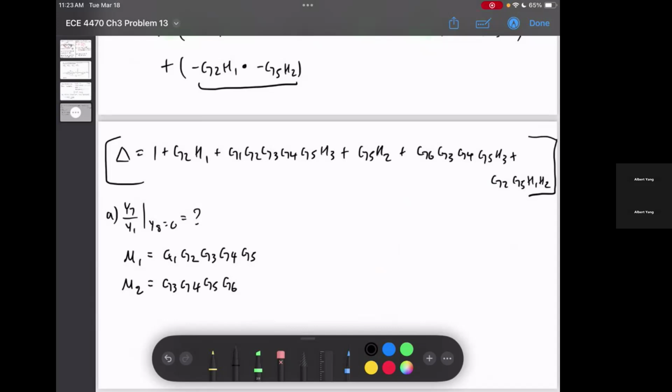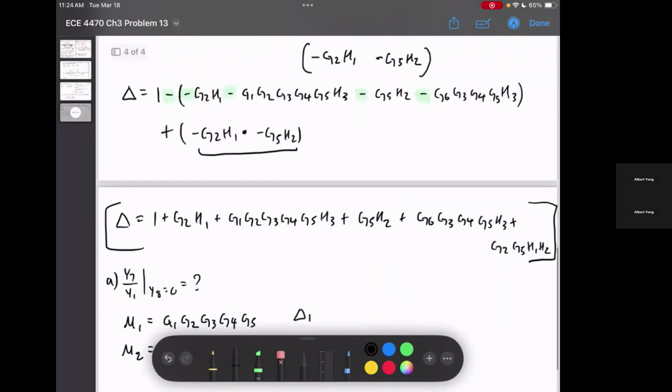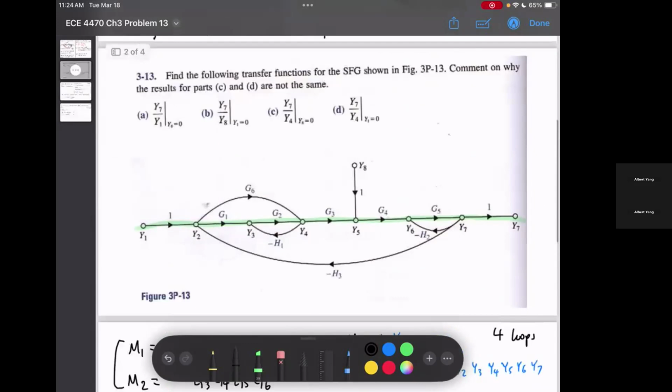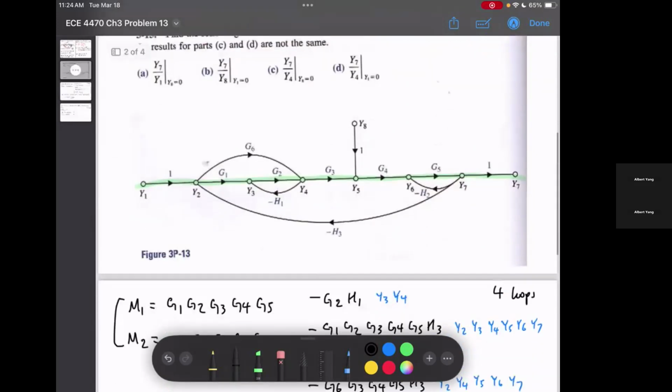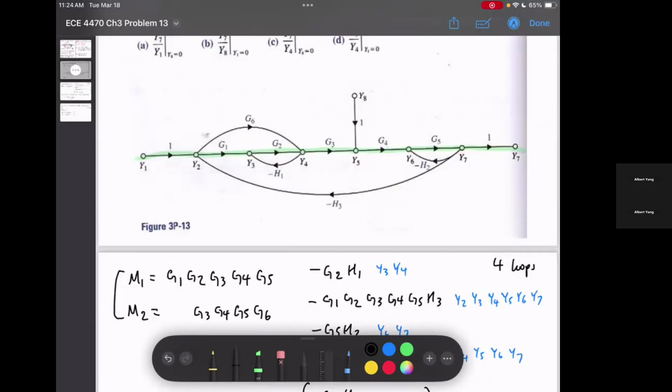Now we have to find the determinant K, or the delta K. So those would be deltas 1 and 2 to match with the paths 1 and 2. The first one is actually pretty easy, but we're going to check. So we have 4 loops, and we need to see how many are left after we remove that specific forward path.